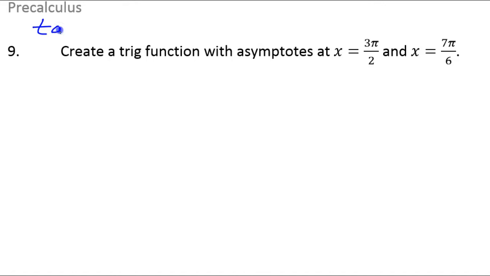And those are tangent, cotangent, secant, and cosecant. Alright, those are the ones that have vertical asymptotes. We should be able to create any one of these 4 trig functions that have these vertical asymptotes. So let's play around with it and see what happens.